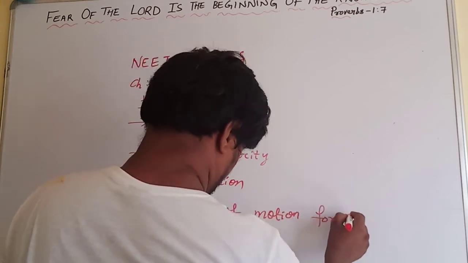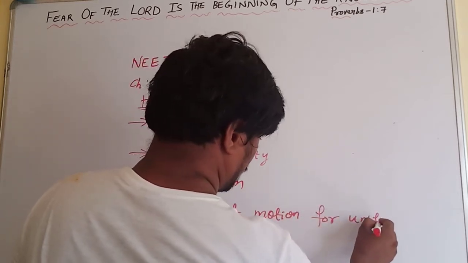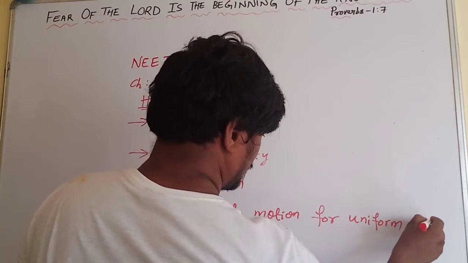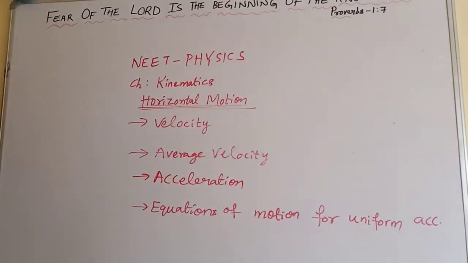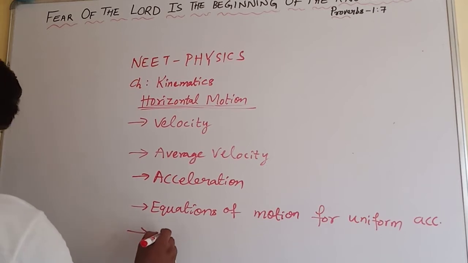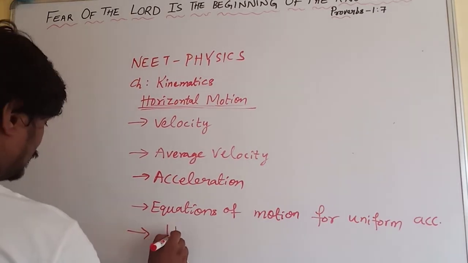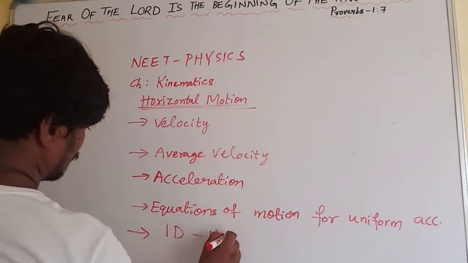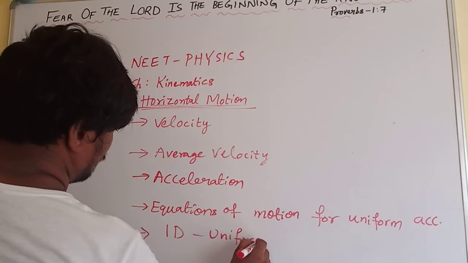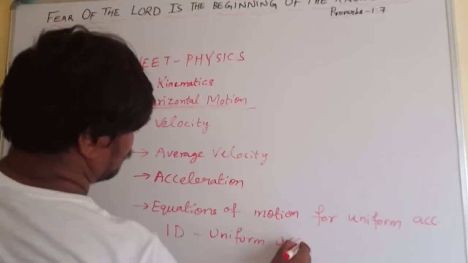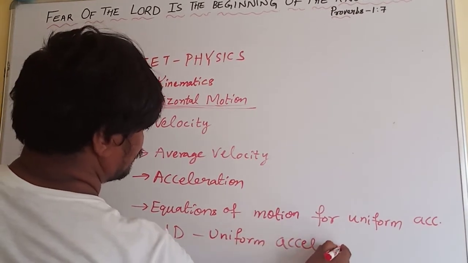for uniform acceleration. ACC means acceleration. Next, one dimensional uniform acceleration. Those formulas we are going to discuss.